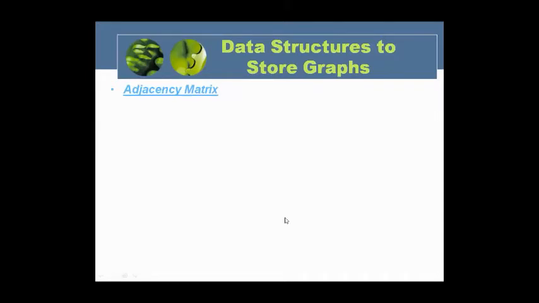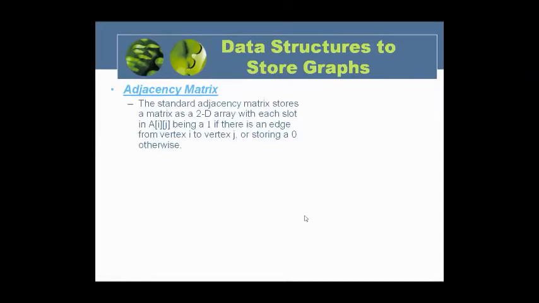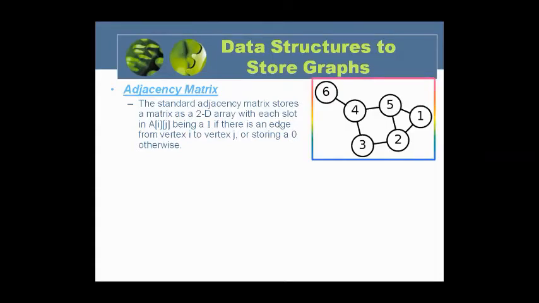Adjacency matrix. The standard adjacency matrix stores a matrix as a 2D array with its slot a[i][j] storing 1 if there is an edge from vertex i to vertex j, or storing 0 otherwise.